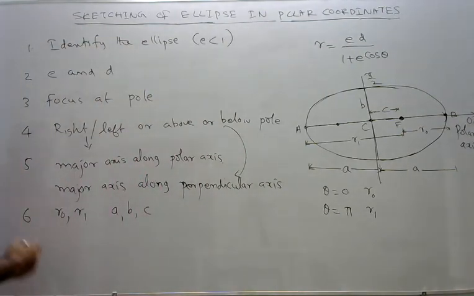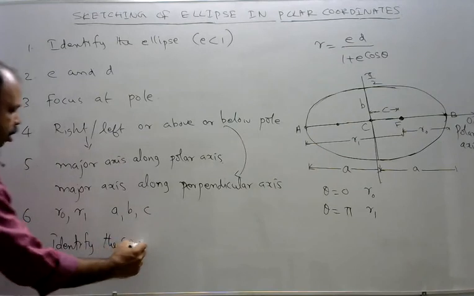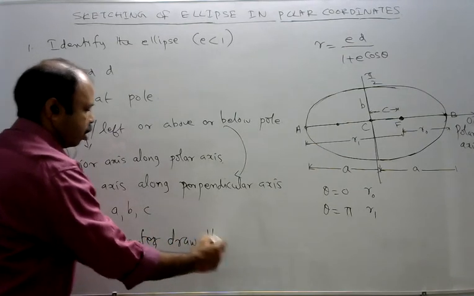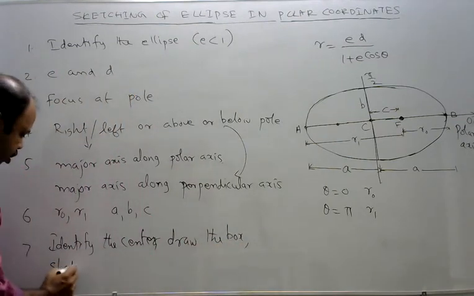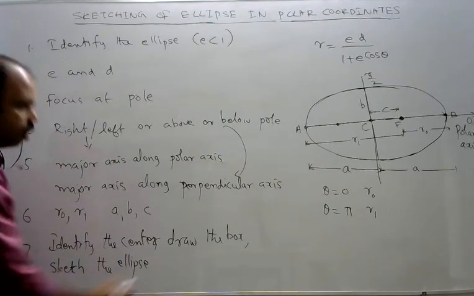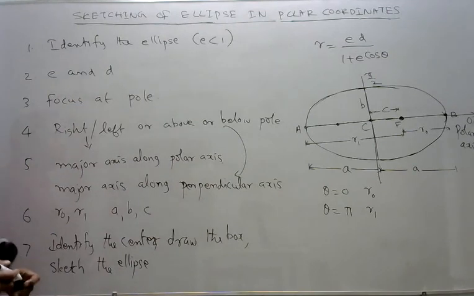Then, finally, we identify the center, draw the box and sketch the ellipse. These are the different steps of sketching an ellipse. We demonstrate them using some problems.